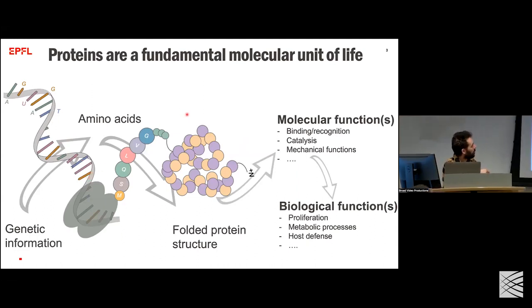One of the most interesting steps of this process is that these strings of amino acids then adopt three-dimensional structures, which give biological function to these molecules. That biological function can be many different things, such as binding and recognition, catalysis, and mechanical functions, and you'll see a couple of examples in the next slide as well.